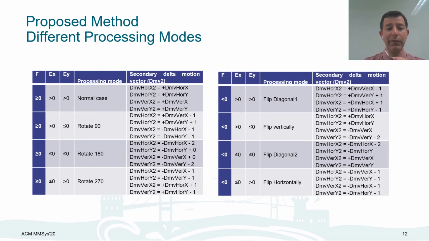Based on the values of this outer product and the location of this E point, we define 8 processing modes, which means that we detect no big rotation, 90 degree rotation, 180 rotation, 270 rotation, and also the combination of these with flipping: horizontal flipping, diagonal flipping, vertical flipping, and so on. So we detect this big rotation based on the affine parameters with these simple equations.